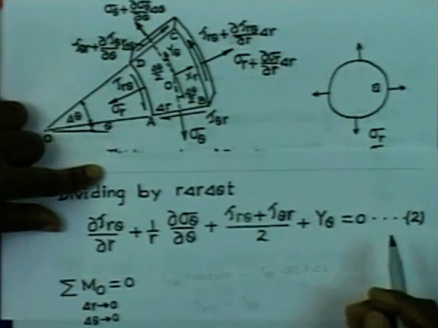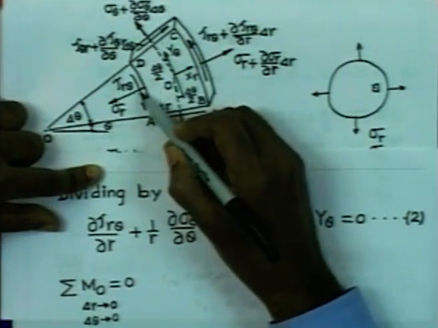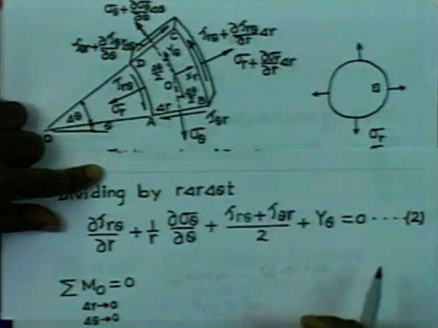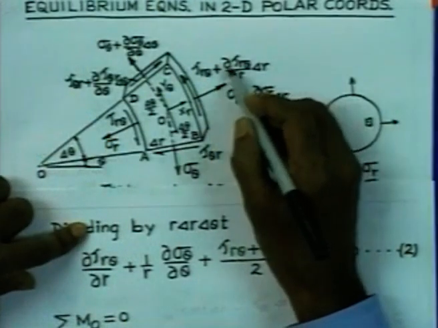Therefore, the moment is really going to be due to the shear components acting on the two radial faces and the two shear stresses acting on the tangential faces. We are talking of a case wherein delta r and delta theta are very small, so we can forget about this component.